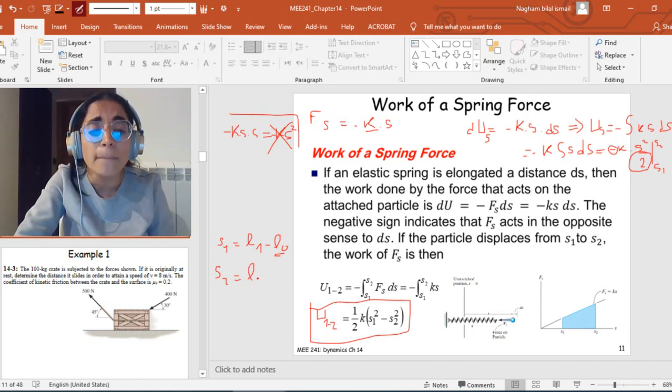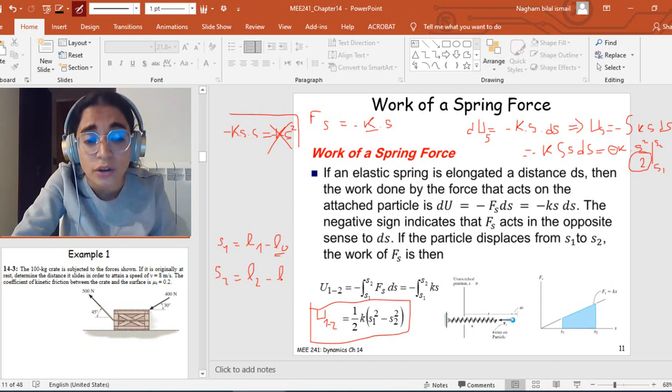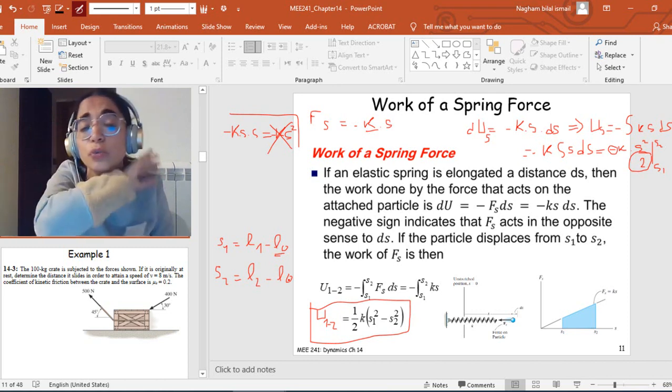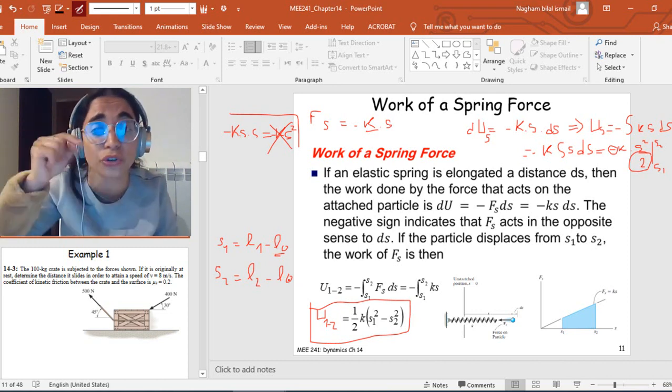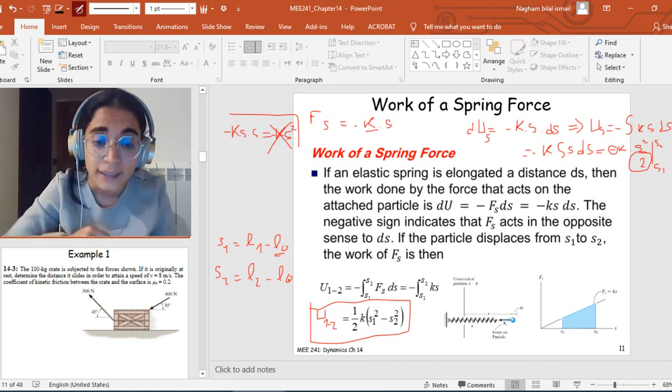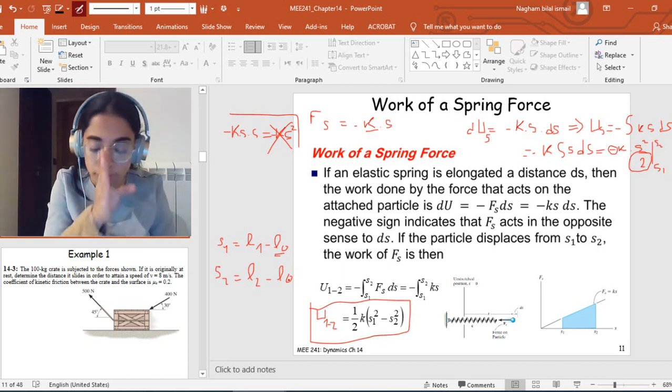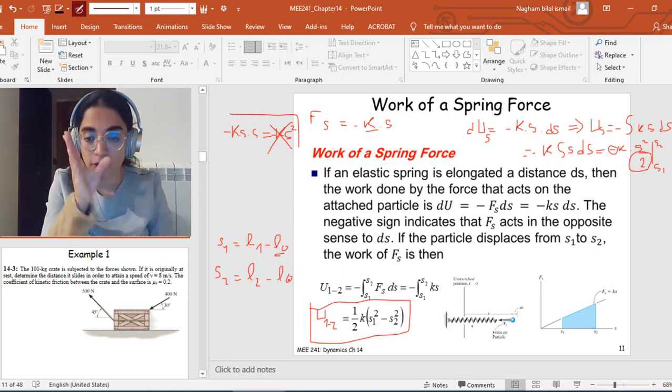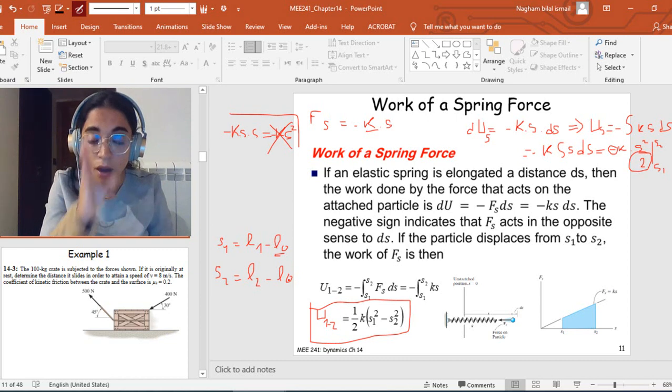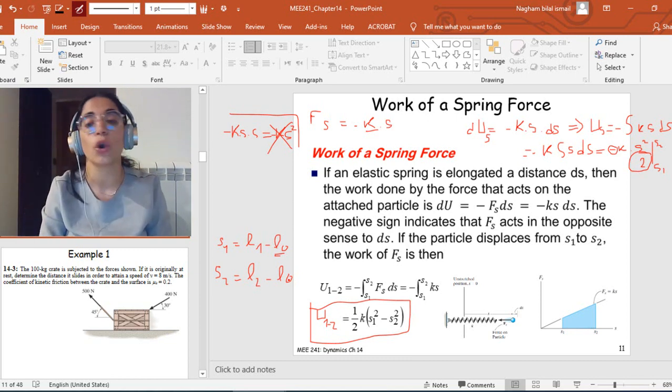It is L2 minus L0 also. So it's always minus L0, which is the initial length where there are no forces exerted on the spring. So always, s is equal to the current length of the spring minus the initial length of the spring when there are no forces.